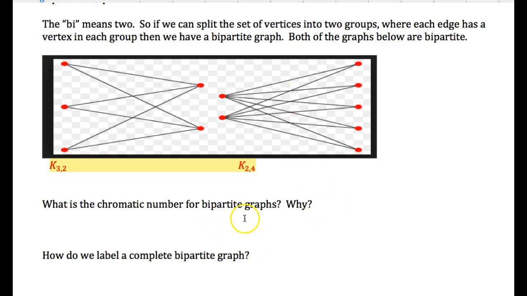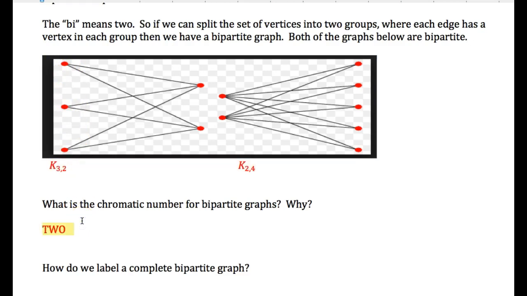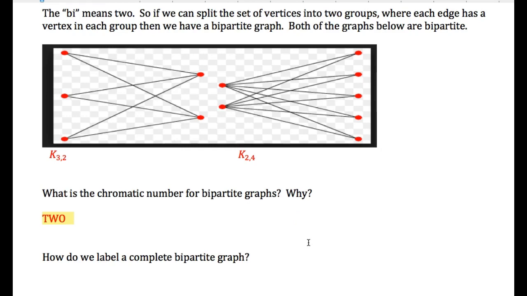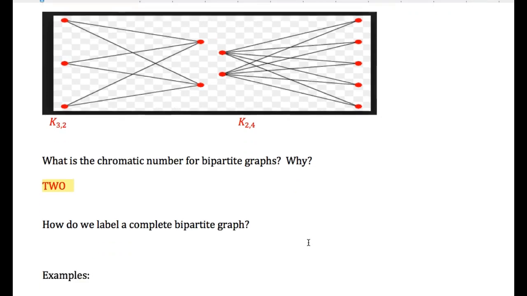All right, what's the chromatic number? Well, I could use red here, and then I could use blue over here. It's always going to be 2. 2 would be how many colors you need for a bipartite graph. Why? Because we can put them into 2 distinct groups, and you're connecting from one group to the opposite group, but not within its own group.